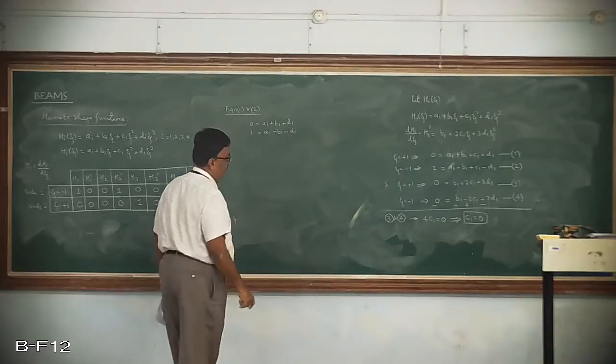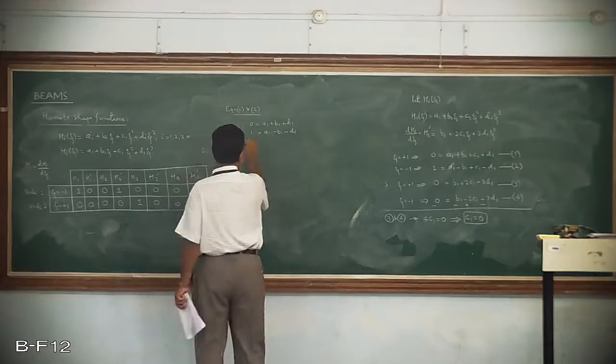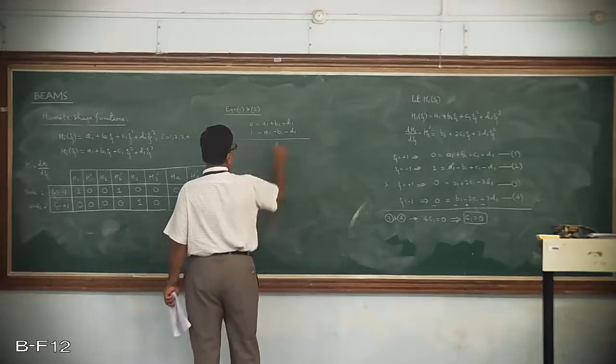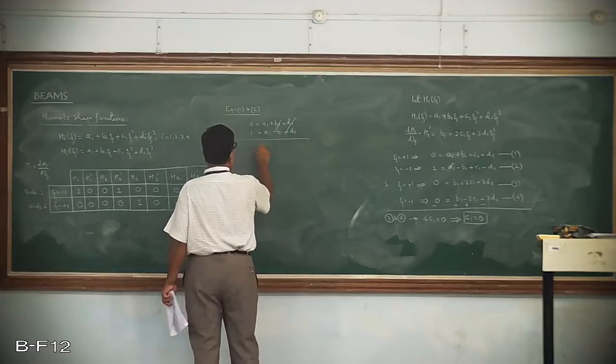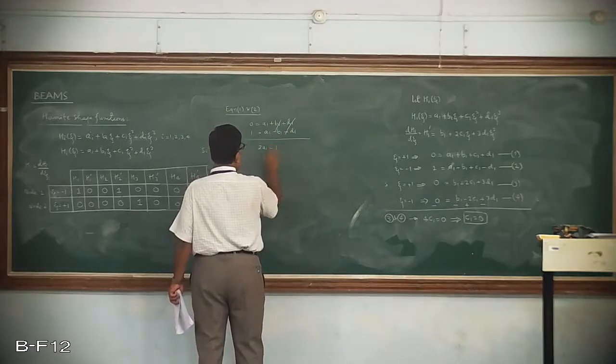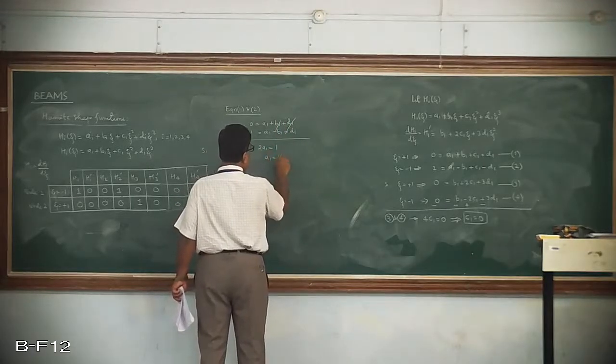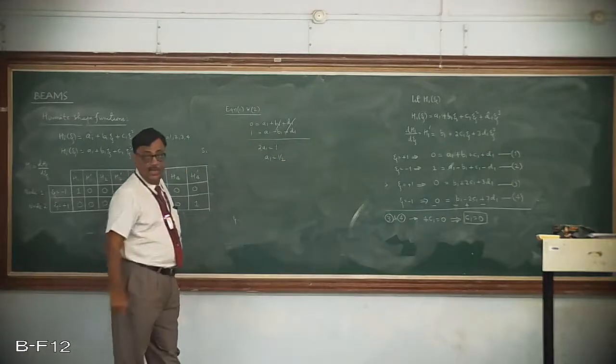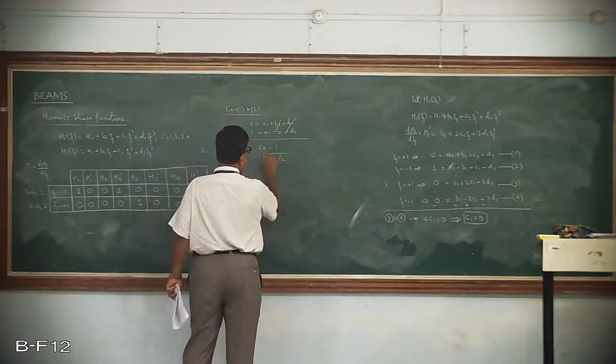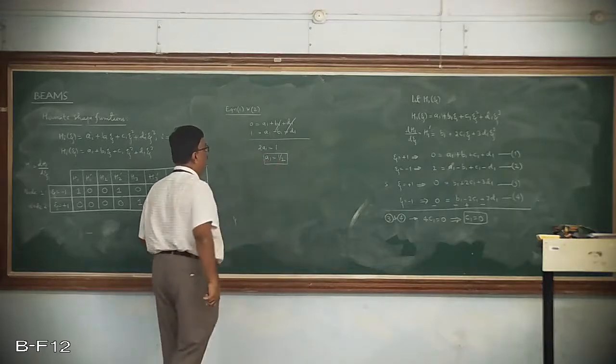This is what I will get. So if I take this here now, this and this get cancelled. 2A1 equal to 1, or A1 equal to half. So this is the second constant you have got now. You have got C1 equal to 0, A1 equal to half.